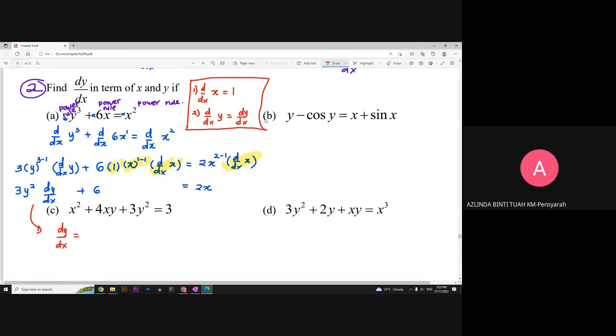So 2x remain on the right. Move the 6 first. Minus 6. And since 3y squared is multiplied with the dy per dx, so when we move it to the right, it's going to be divided. So this is the answer. Dy per dx equals 2x minus 6 over 3y squared.